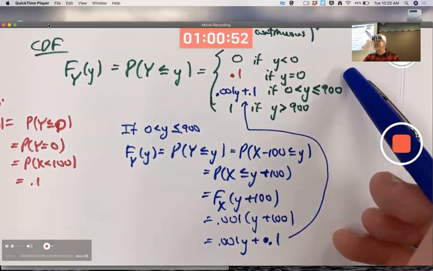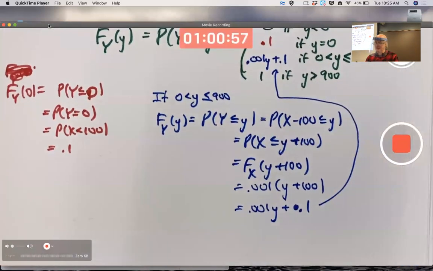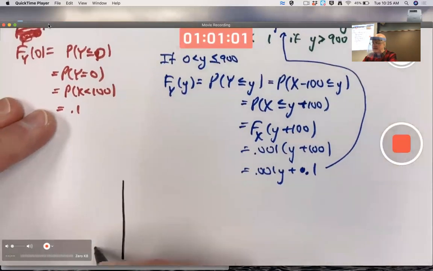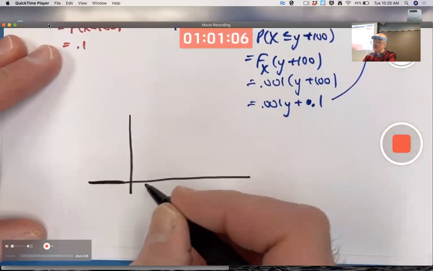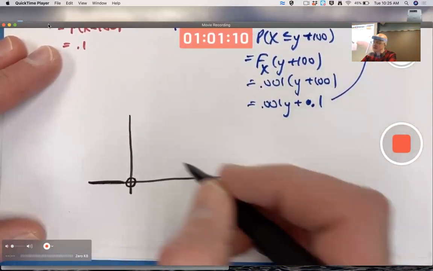The graph of the CDF of y looks like this. It's 0 when y is negative. Open circle right there, for sure open circle.